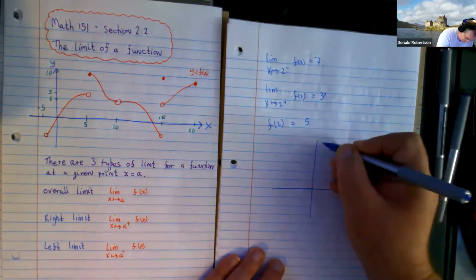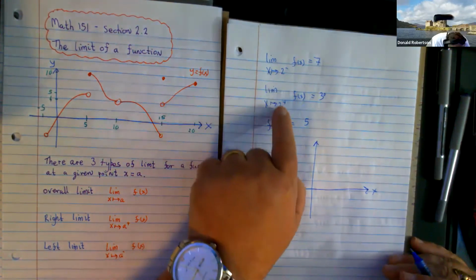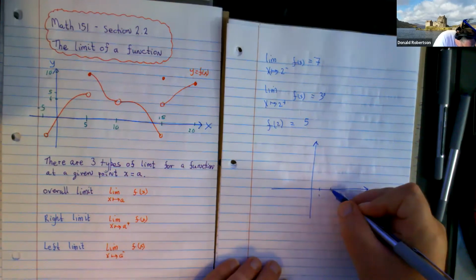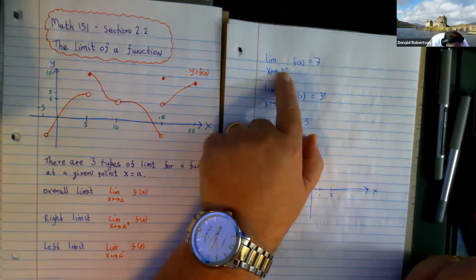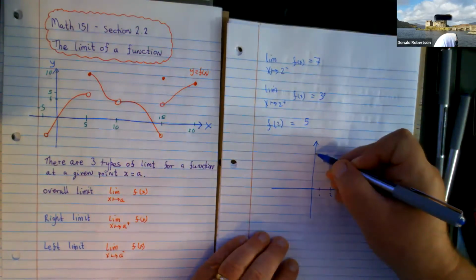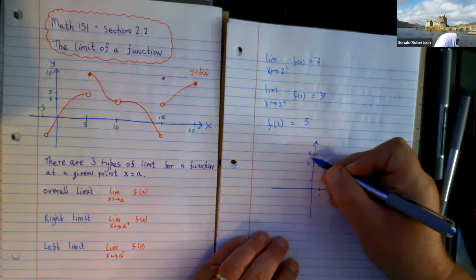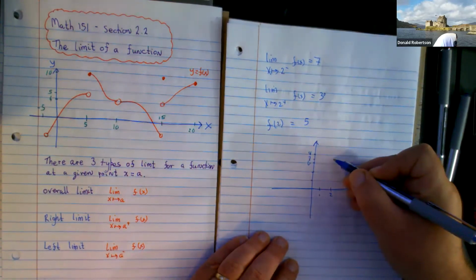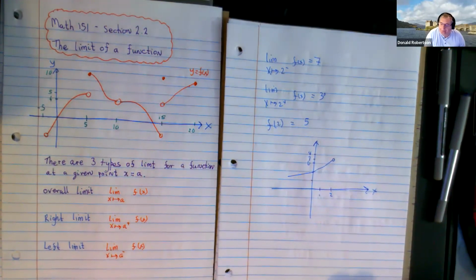So this is what I would be doing if it was my homework question. I'd say, okay, they're interested in 2, so 1, 2. The left limit as x approaches 2 is 7. So 2, 4, 6, 8. Okay, there's 7. I would have that guy and I'd have my function maybe go like that.